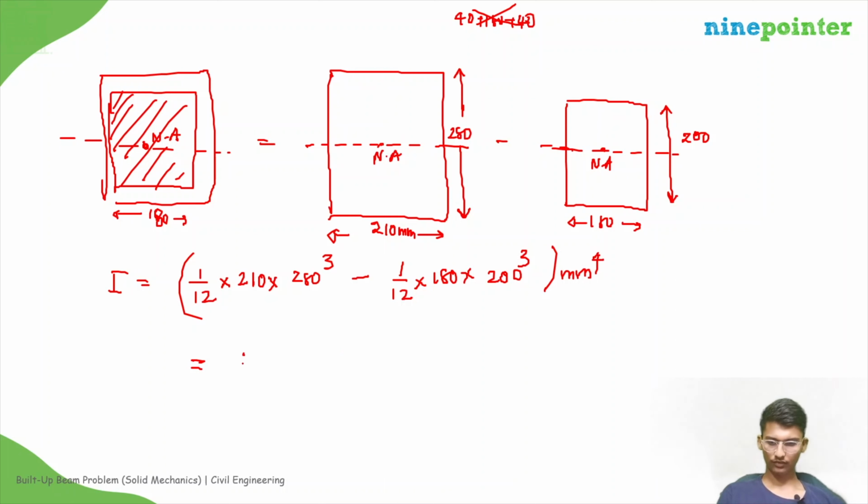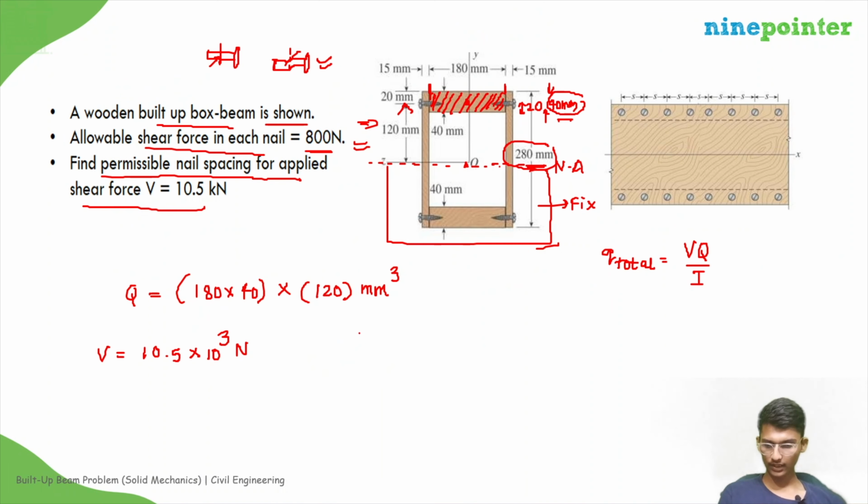To calculate this, we get 264.2 into 10 power 6 mm to the power 4, right? This is I.